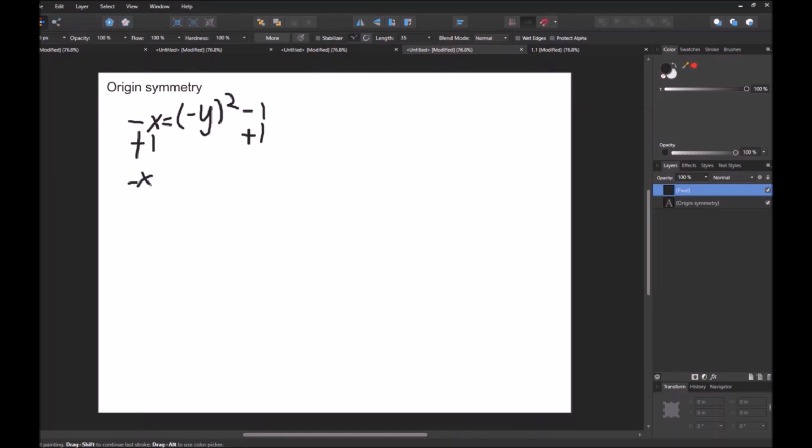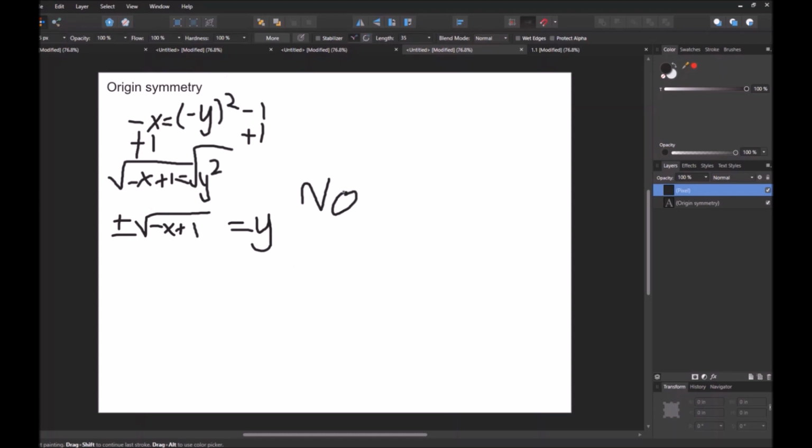So we're going to have negative x plus 1, and negative y squared is just y squared. So now we have negative x plus 1 equals y squared. We're going to take the square root of both sides, and we're going to be left with plus or minus the square root of negative x plus 1 is equal to y, which is not the same equation. So we can say this is not symmetric about the origin.